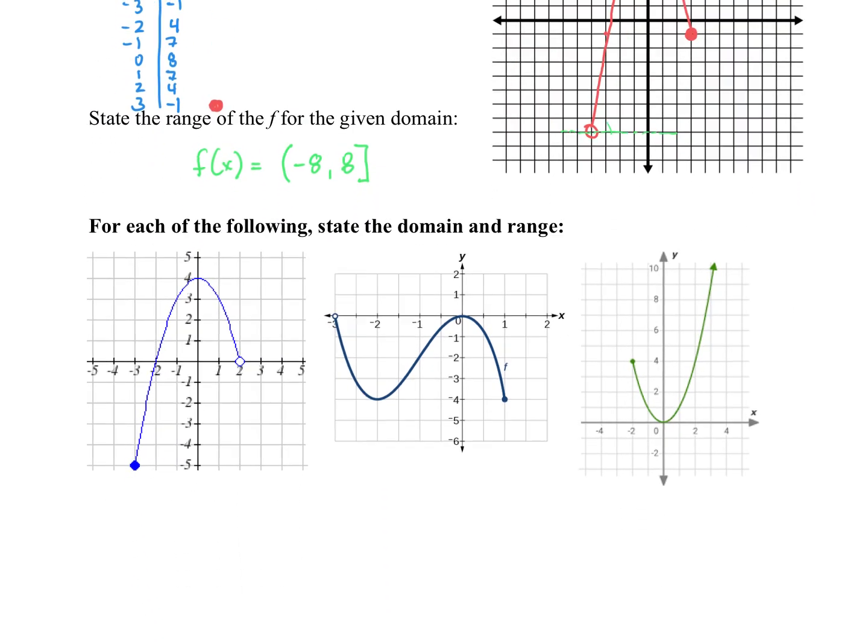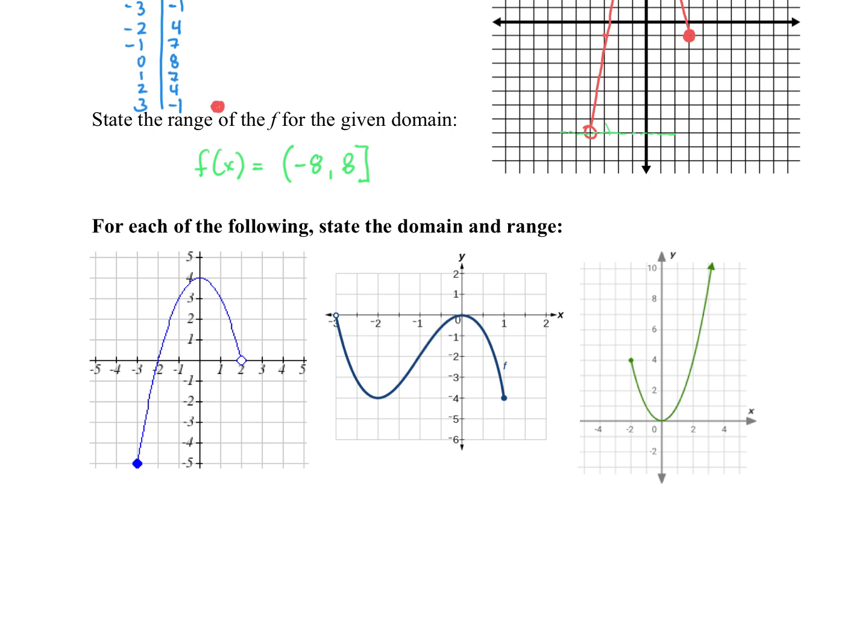So now we're going to do a domain and range for each of these. Recall, just like the last video, that domain is left to right, range is bottom to top. And this time, we're going to respond with interval notation each time. The leftmost point on this one is -3, included, and the rightmost point is 2, not included.